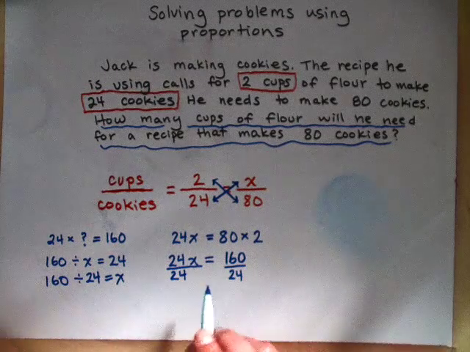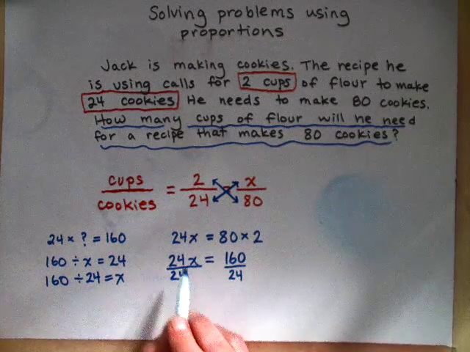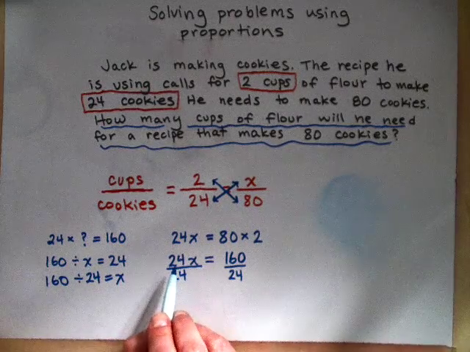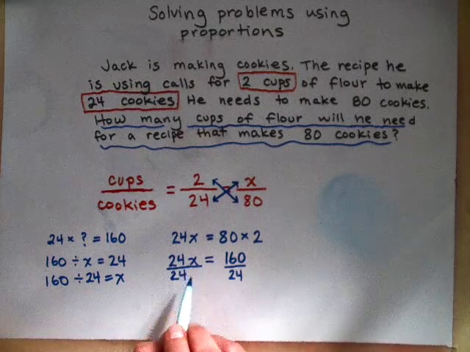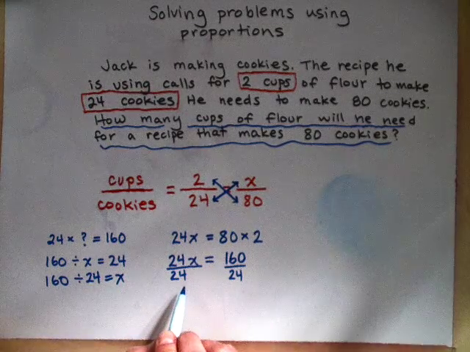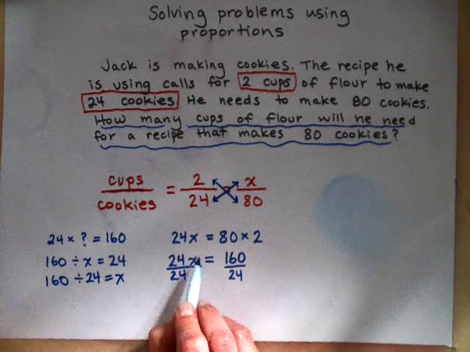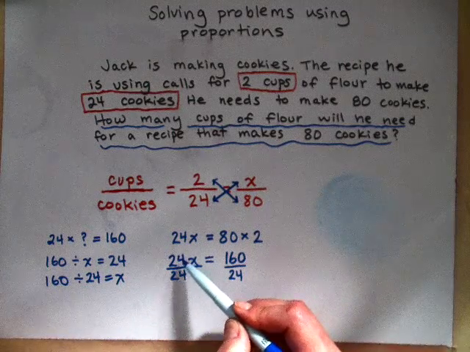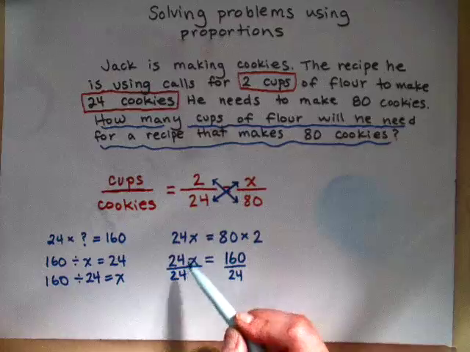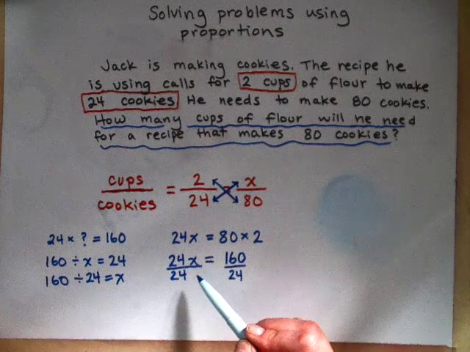Now, if you were to look at this, this is basically 24 times something divided by 24. So you want to be left with just x. So this is 24 divided by 24, which equals just 1.